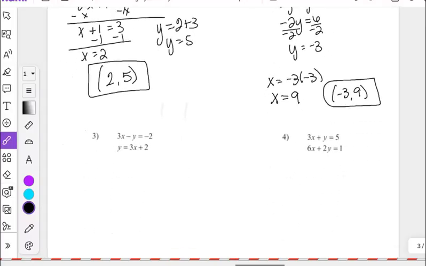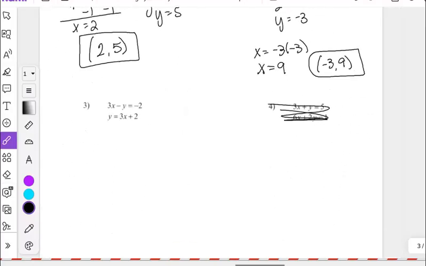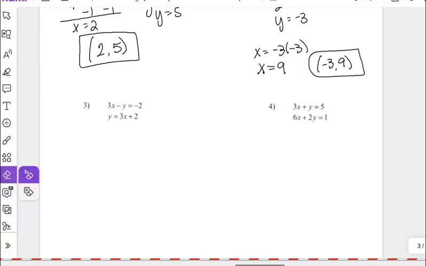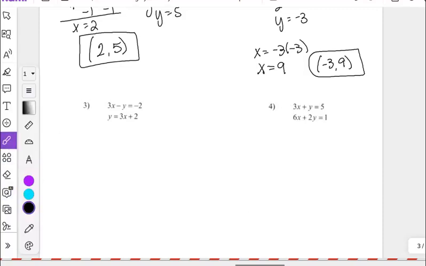And then finally, number 3, like I said, we're not going to do number 4. I'll show you number 4 just so you can see what it looks like when one of the variables isn't solved for. But in this particular one, I have 3x minus y equals -2 and y equals 3x plus 2. So I'm going to substitute 3x plus 2 in for y in the first equation.